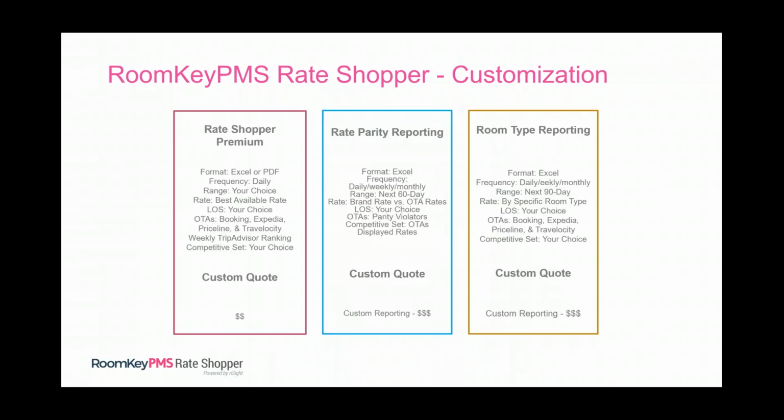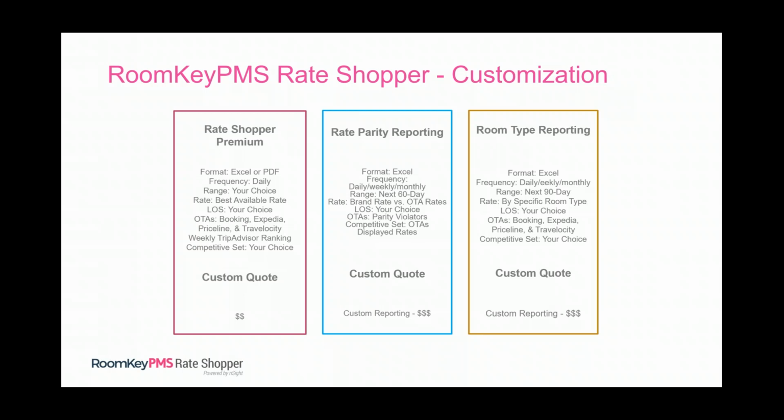As Jake also mentioned, we also offer premium options to allow for customization of those parameters. So you will be able, for example, to increase the date range, the length of stay, or again, the number of competitors that you'd like us to review. So the quote will depend on the number of add-ons needed for your individual scenarios.